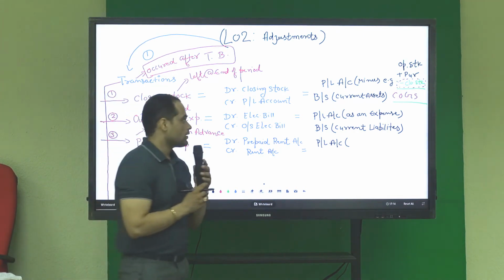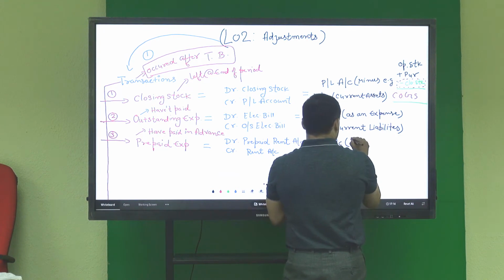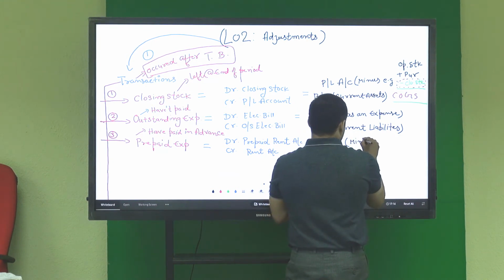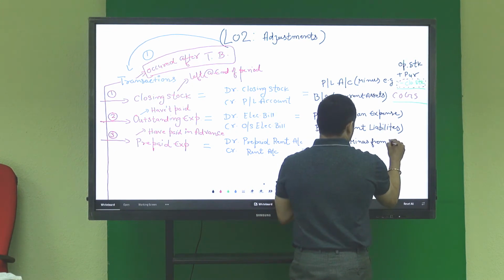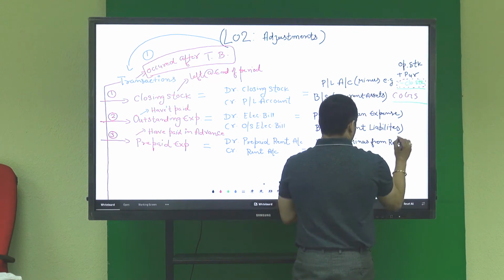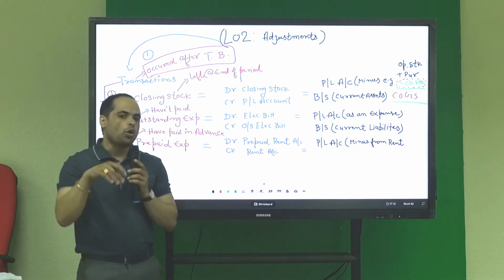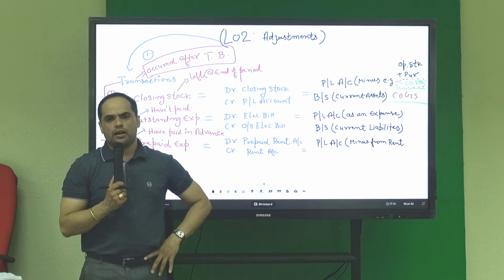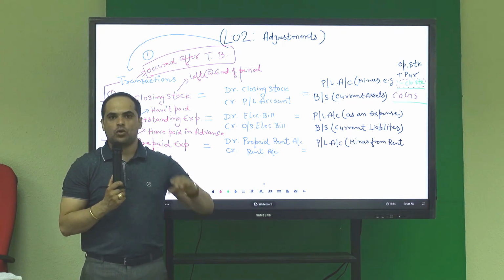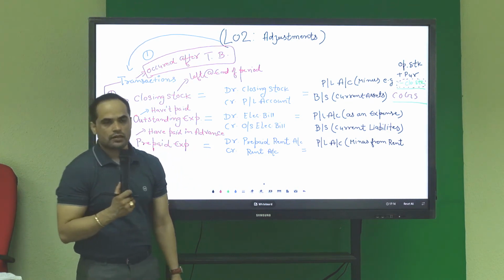If you don't have rent in your income statement, then you subtract it from your cost, because it will reduce. Right?